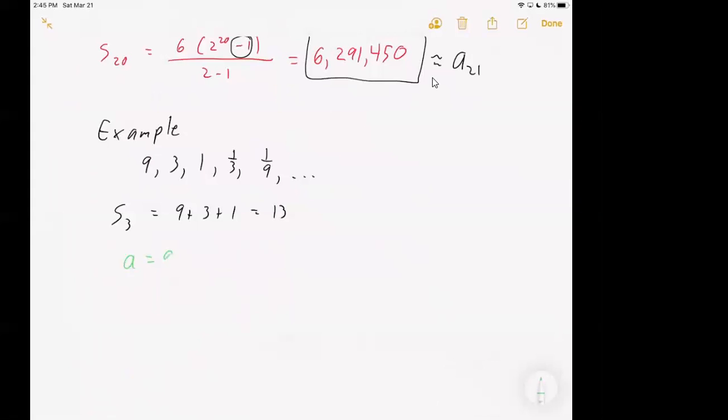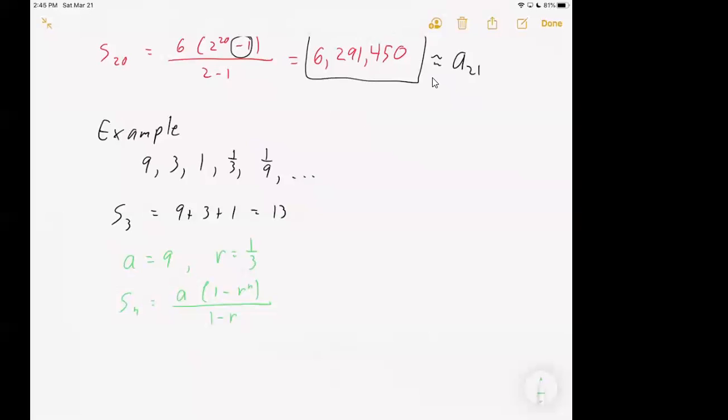A is 9. Looks like we have a common ratio of 1/3, right? So if I wanted to find a term that was later on, I could use my S of n formula. S of n is equal to, since the ratio is smaller than 1, 1 minus r to the n all over 1 minus r.